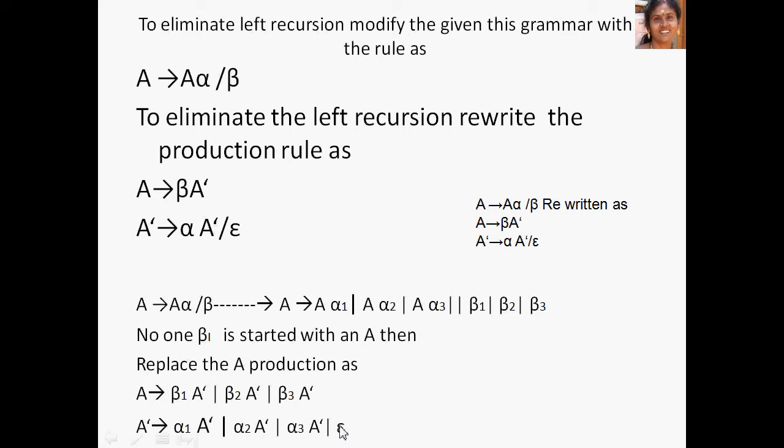If the empty is not given, you will get alpha 1 A dash, and then again alpha 1 A dash, alpha 1 A dash, so there is no termination. If you use the epsilon alternative, somewhere you can end your production, you can end your parsing tree. Otherwise you reach an infinite loop.